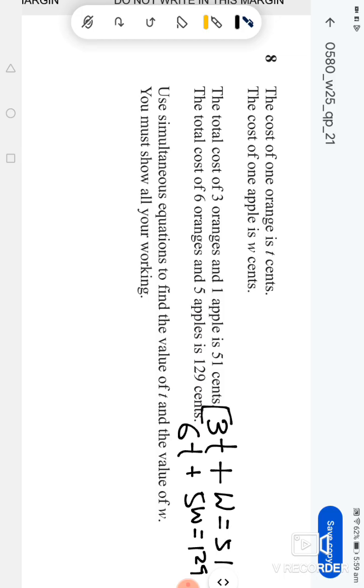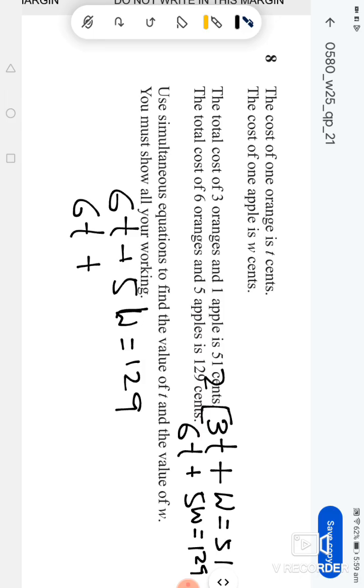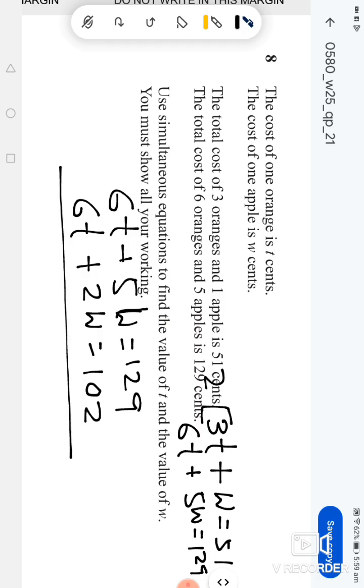So multiply equation 1 by 2: 6T plus 2W equals 102.